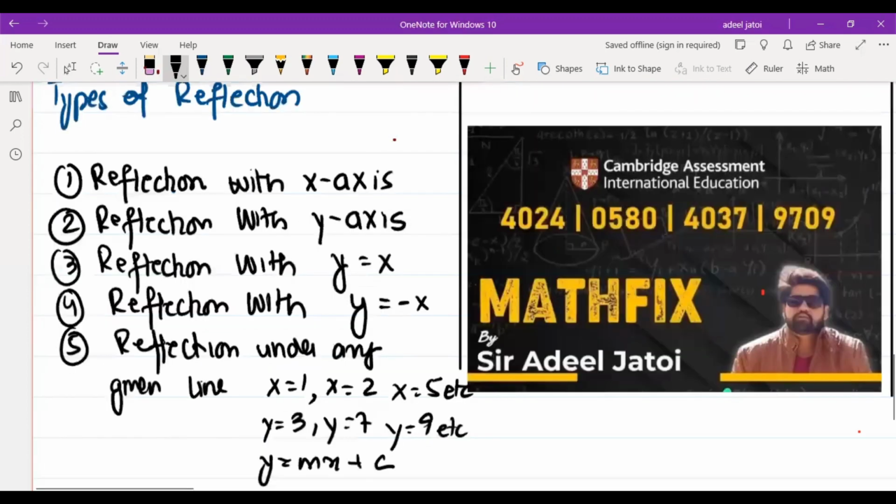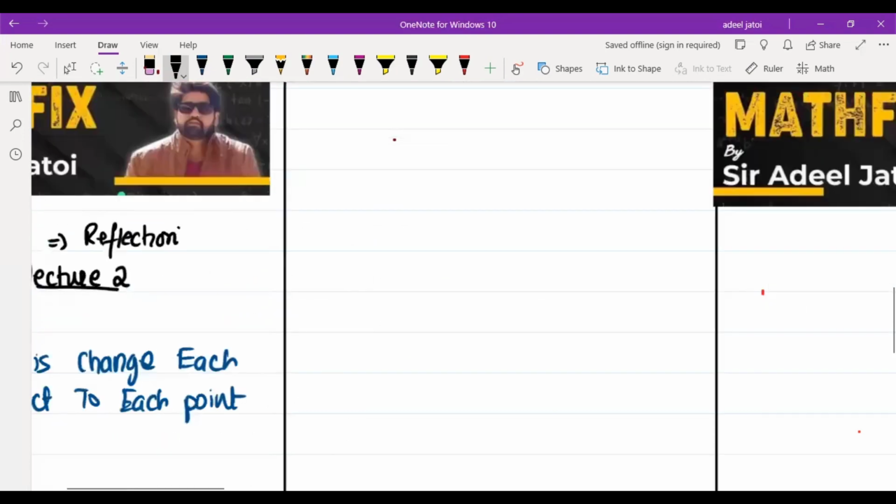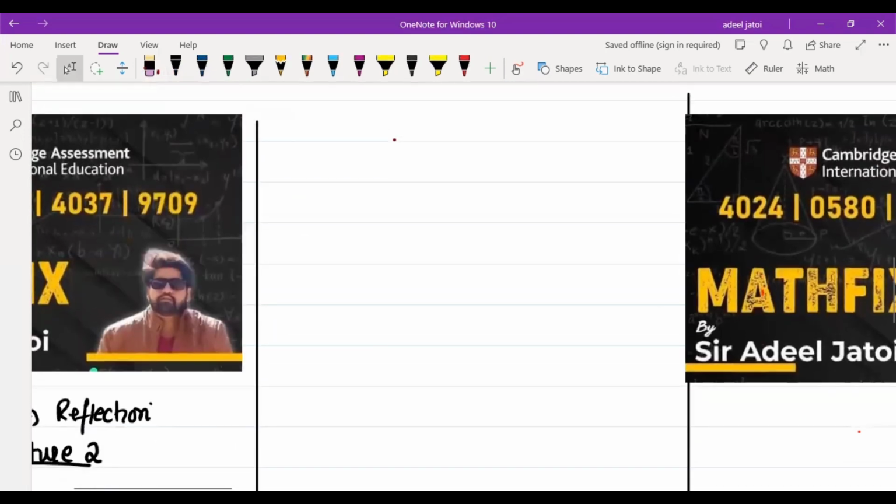Now, let's work upon reflection with x-axis, because each of the reflections is important.